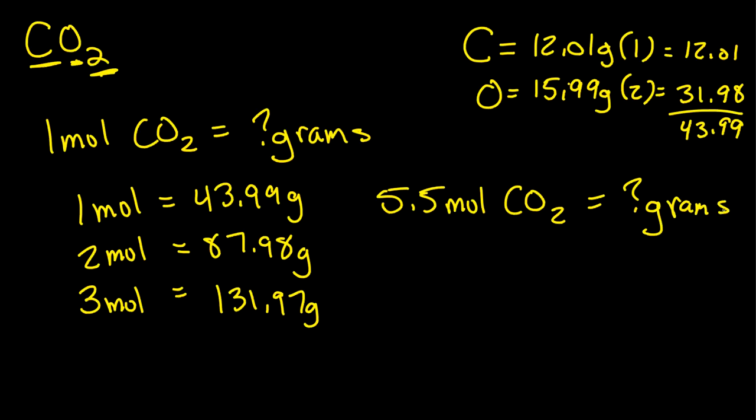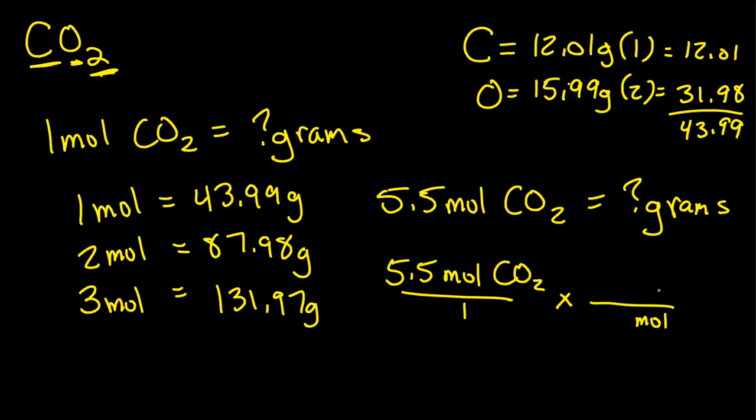Well, let's just do like we've been doing. Set up our proportion. So I got 5.5 moles of CO2. Put that over 1. I set up my ratio. Moles are on top again, so moles on bottom to cancel out. Now I want to change it to grams, so it's on top. Well, 1 mole of carbon dioxide weighs 43.99.